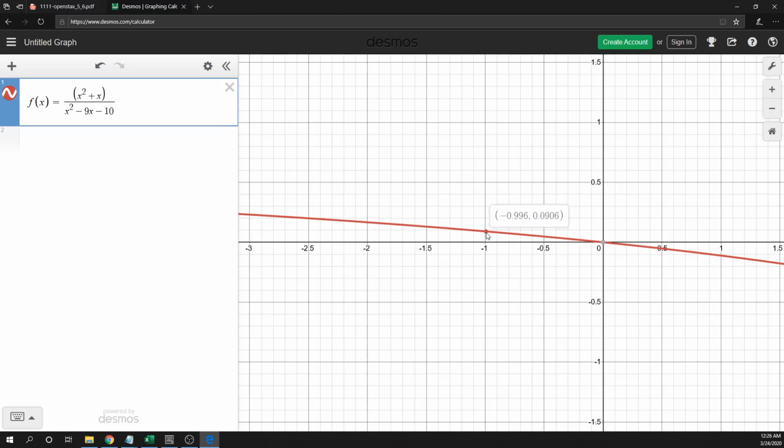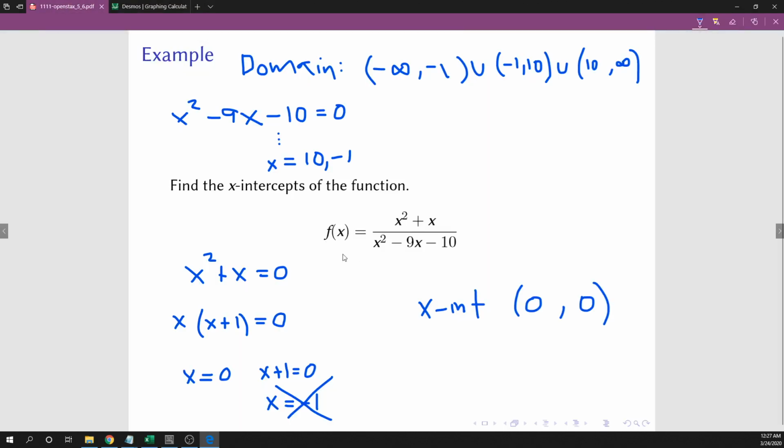But sure enough, there is a tiny little pinhole right here because -1 is not in the domain of that function right here. Okay, so you have to be careful about those. So that's why you need to know the domain ahead of time, right? When you're finding x-intercepts, you have to make sure that these numbers are in the domain. If they are not, then they cannot be x-intercepts there. Okay.